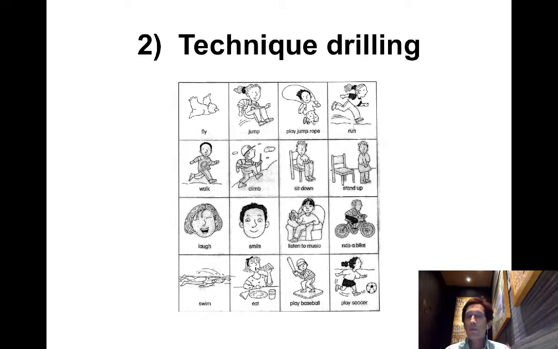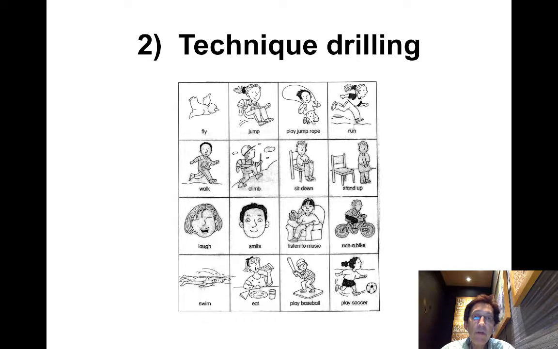Perfect. 2. He is excited. Perfect. 3. Because he's with his friend. So he's playing with his friend.